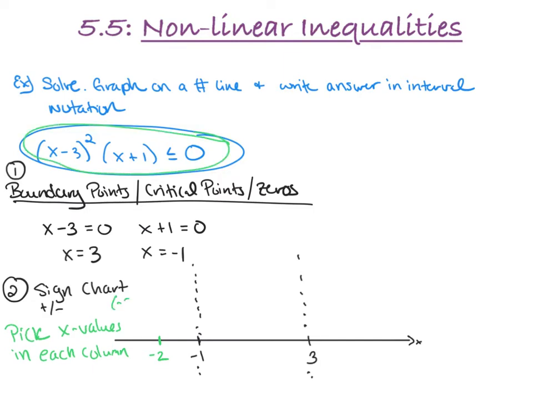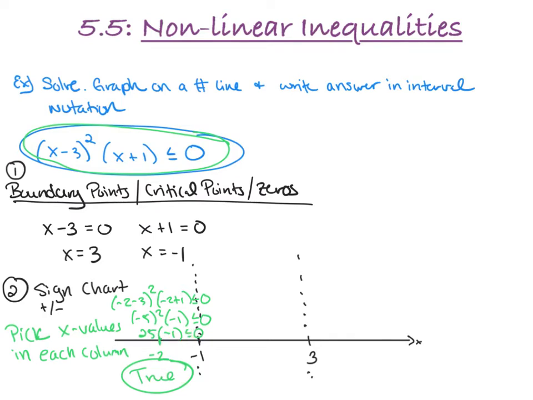So negative 2 minus 3 squared, times negative 2 plus 1, is less than or equal to 0. That would be negative 5 squared times negative 1. 25 times negative 1, that is negative 25. I'm going to write true right there, because negative 25 is less than or equal to 0. That's true.